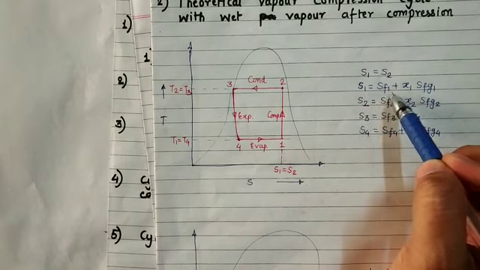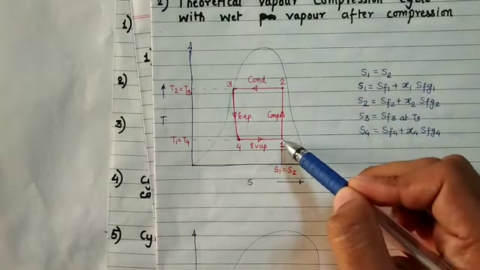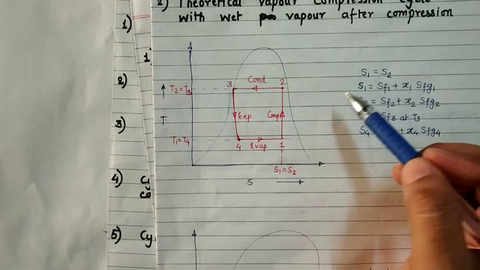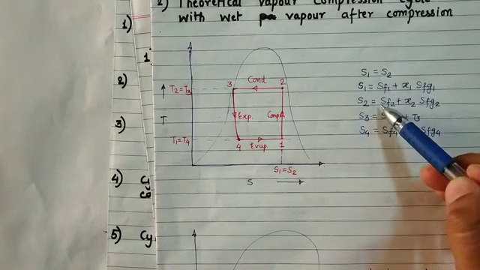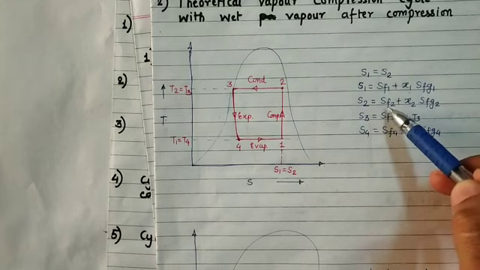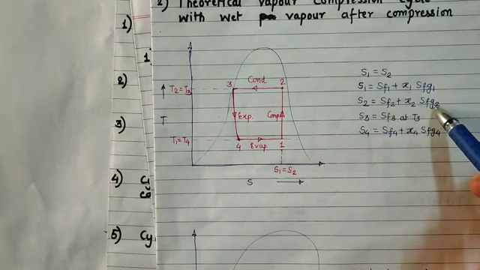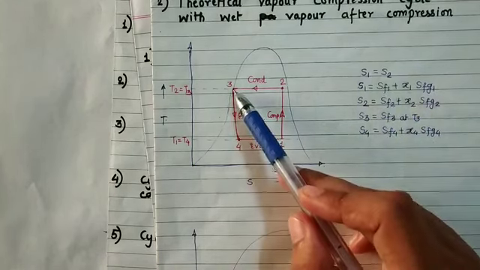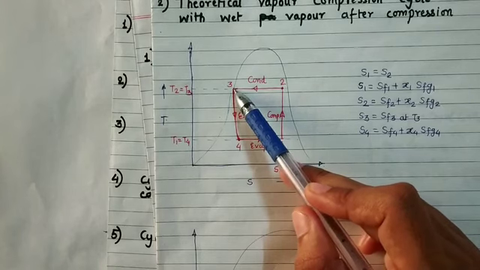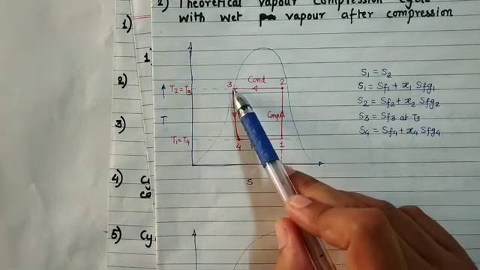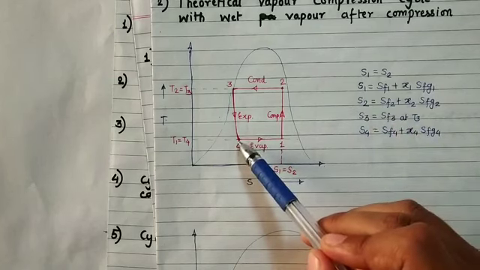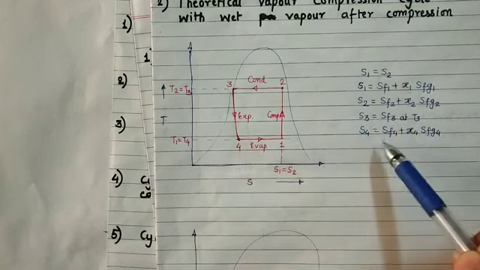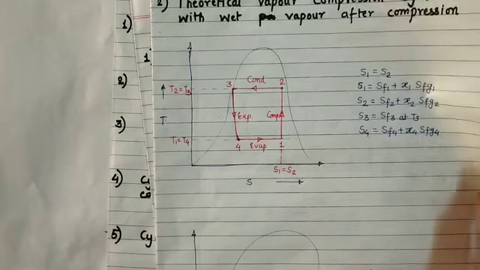S1 needs to be calculated through this formula as it is inside dome shaped region, that is in liquid vapor region. S2 again is inside dome shaped region, liquid vapor region, so we need to calculate it through this formula. sf3 we are getting on the saturated liquid line, so S3 equals sf3 at T3. Point 4 is again in liquid vapor region, so S4 needs to be calculated in this way.